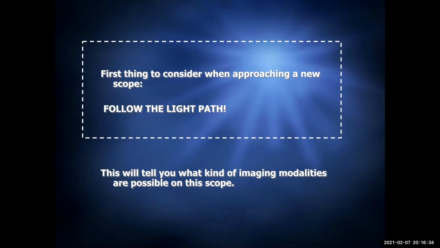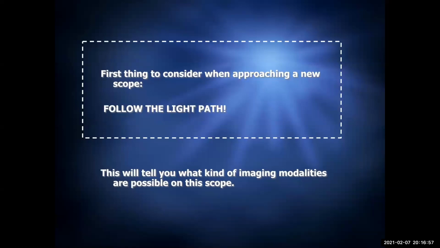So you are trying to follow the light path. You're finding the light path, and there might be multiple light paths because there might be multiple light sources. And if you follow the light path for each of these light sources, you'll know what the scope can do. You'll know what kind of imaging modalities are possible on the scope.